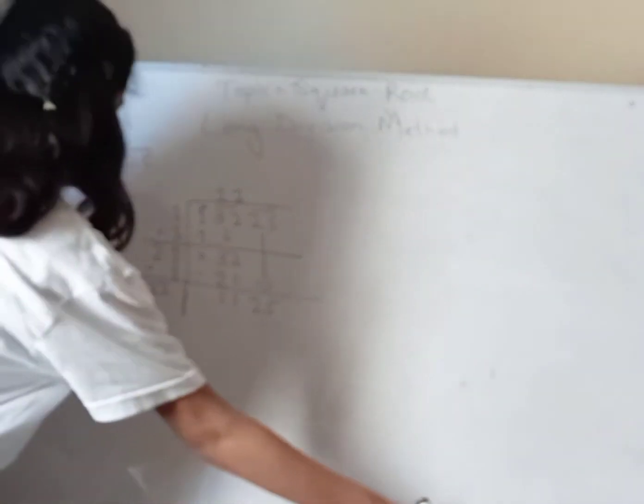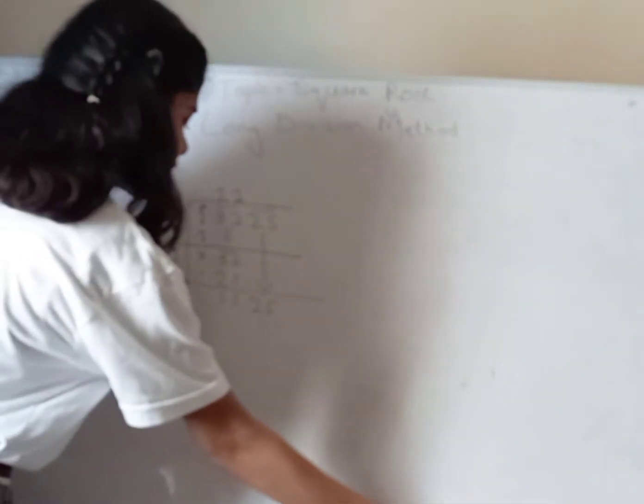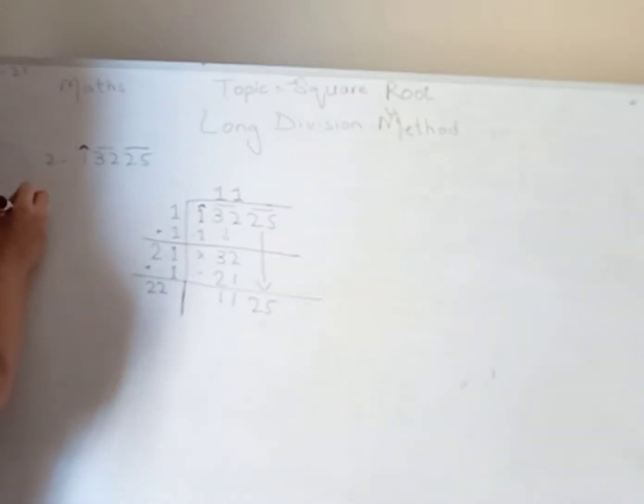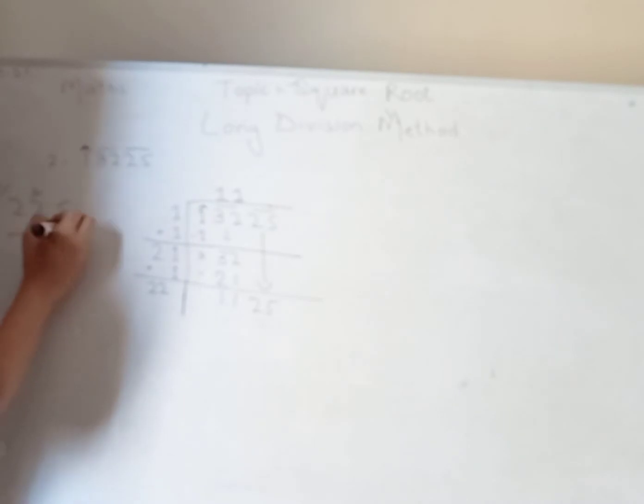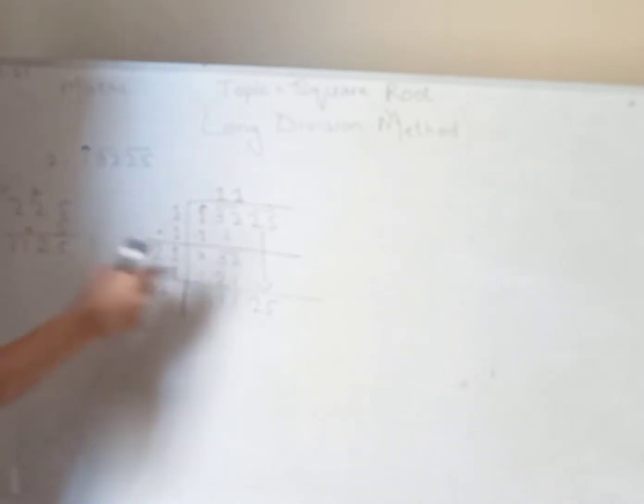We have 22 over here. Take a square number with 22. Take 5 square, 25, 10 and 12 and 11. We can solve this easily.